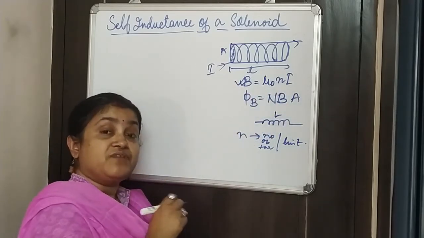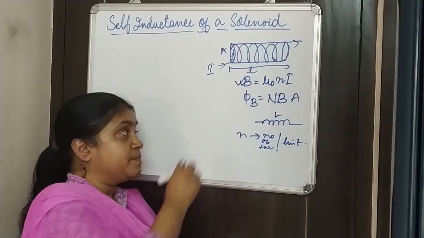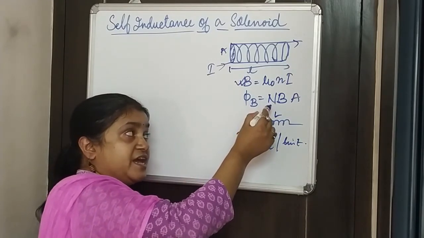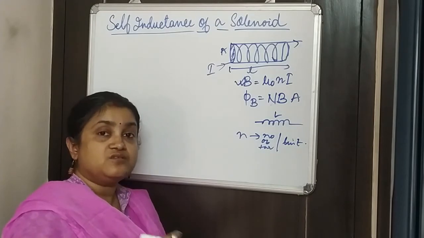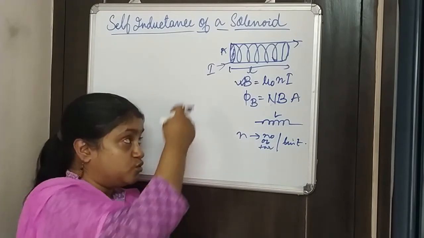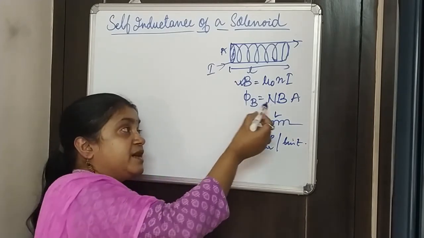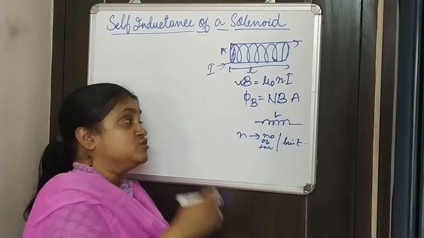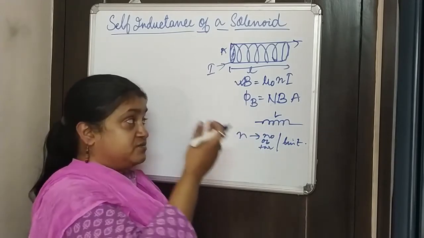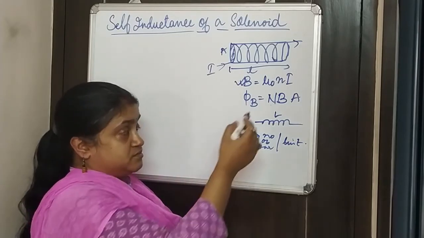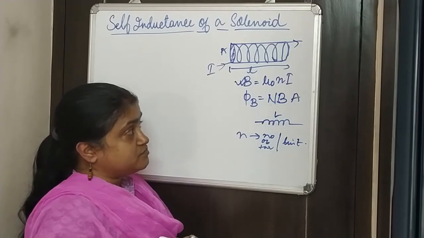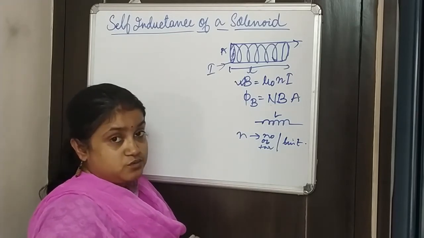The magnetic flux of the solenoid is given by N, the total number of turns, times the magnetic field B, times the cross-sectional area A. Here we have taken the angle theta as 0, right?